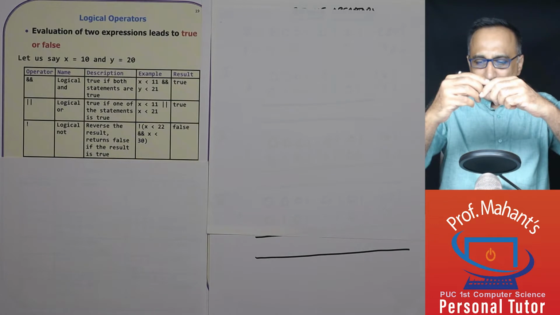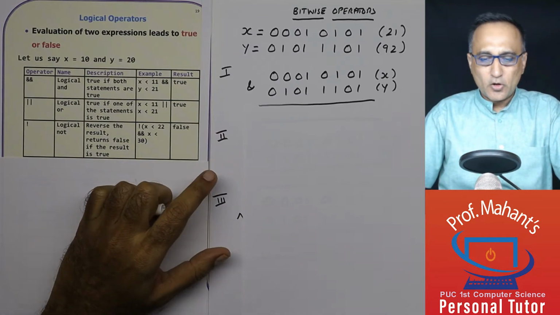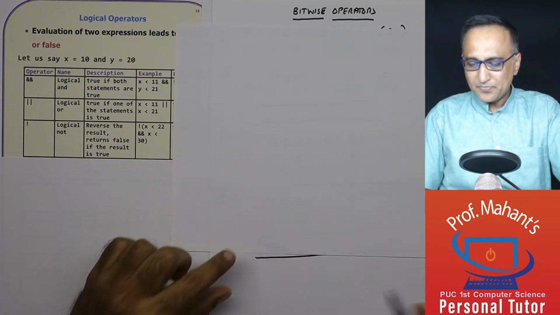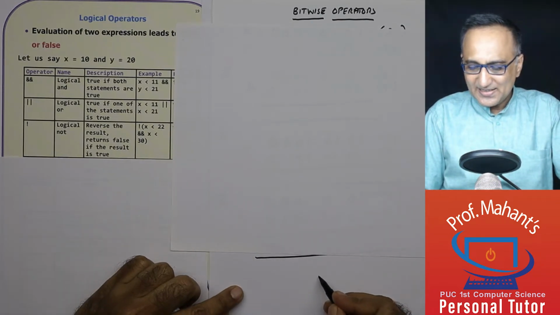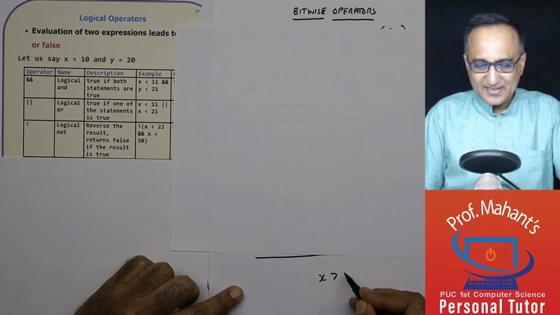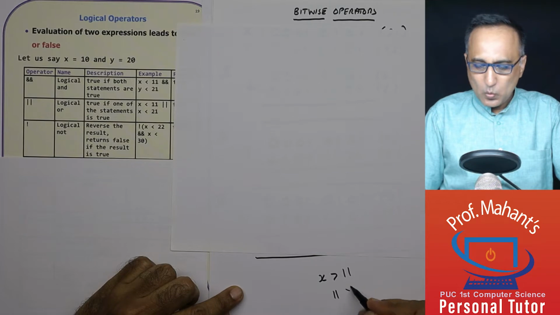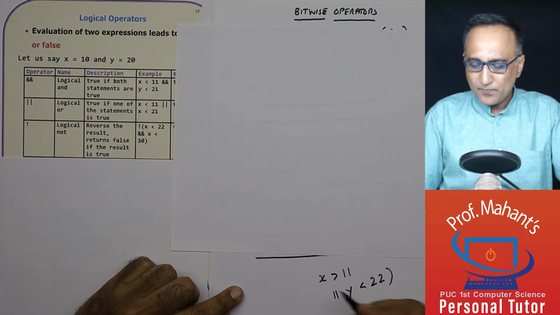In order to understand OR, I can also give you another example. Let us say I write like this. I say x greater than 11 or y less than 22.